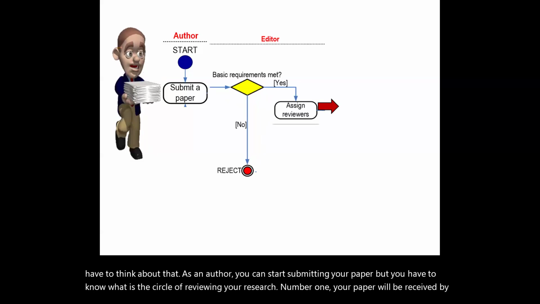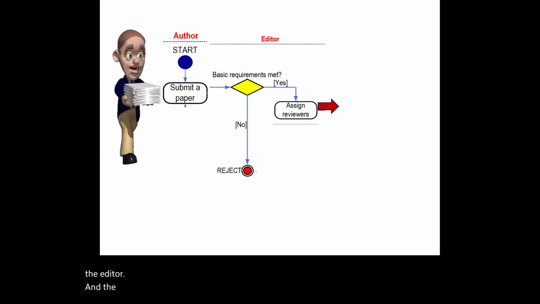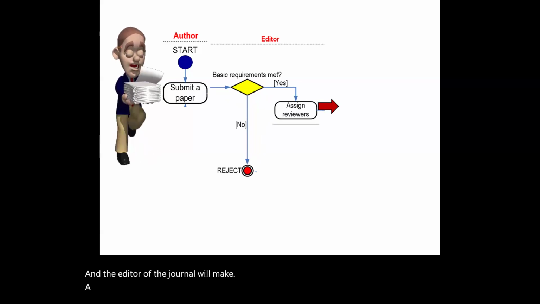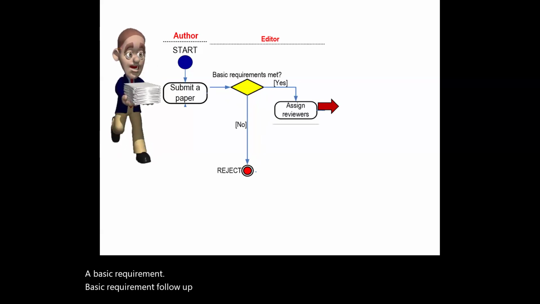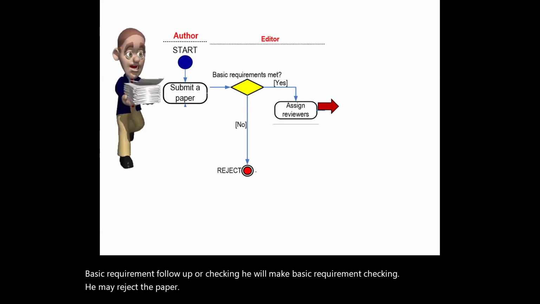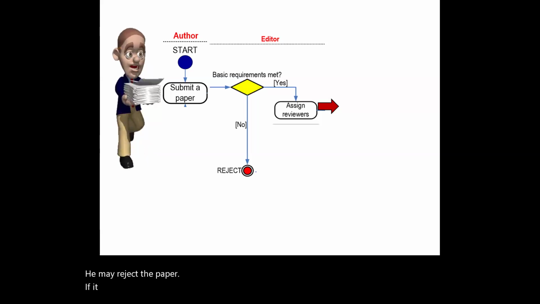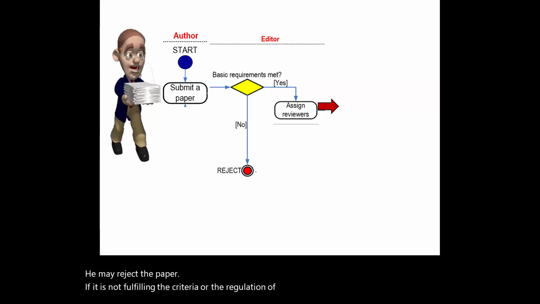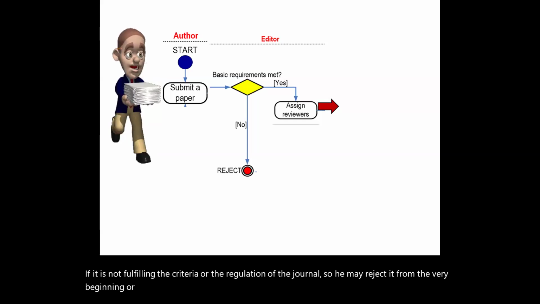The editor of the journal will do a basic requirement check. He may reject the paper if it is not fulfilling the criteria or the regulations of the journal. So he may reject it from the very beginning, or he may assign reviewers to review this paper.